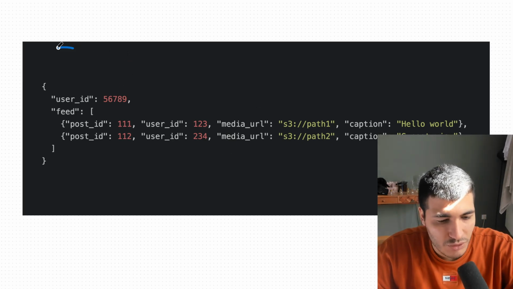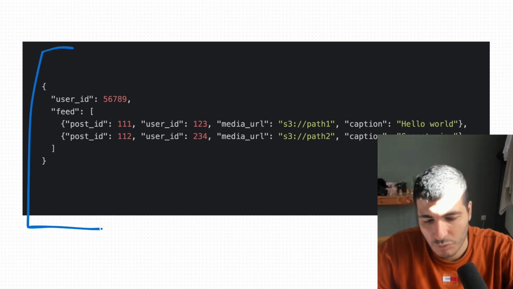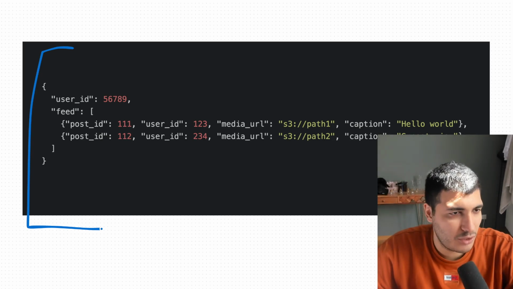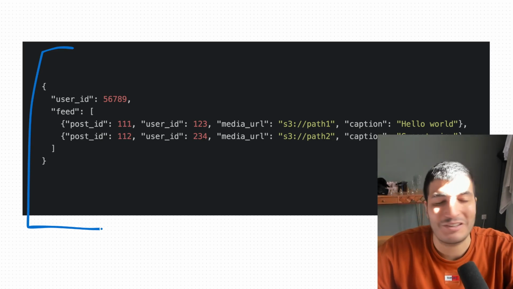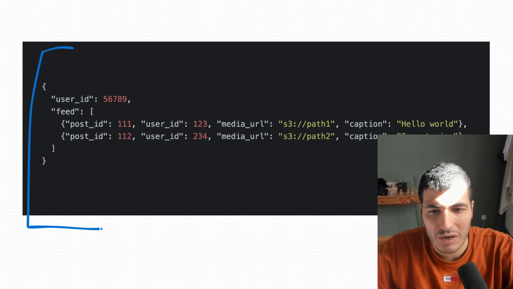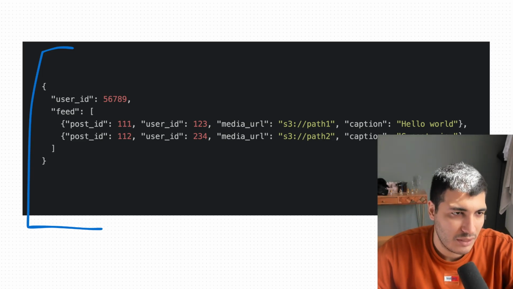Because of that, we will take the approach of using a graph database, not GraphQL. GraphQL is different. Instead of calculating the feed on the fly, systems like Instagram will pre-compute the feed and store it in a denormalized NoSQL database.